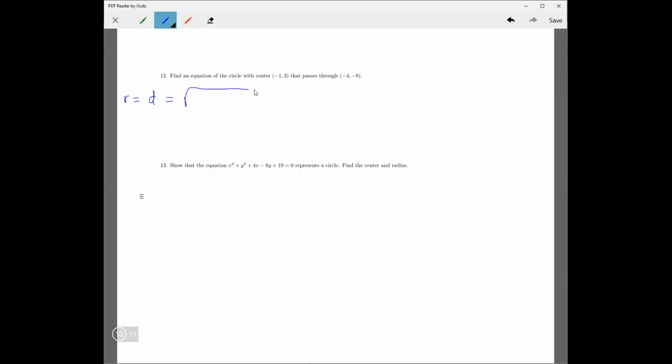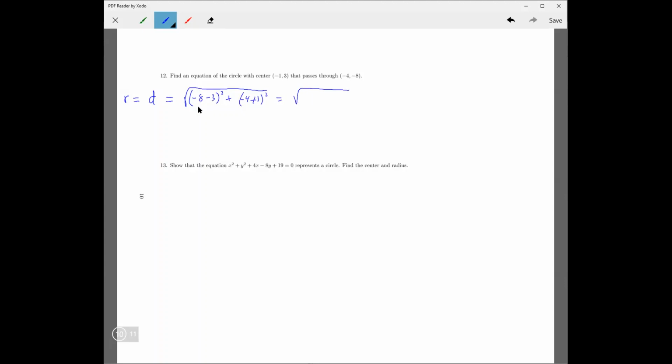So that means if we just find the distance between those 2 points, then we'll find the radius. Okay, and so the distance is going to be -8 minus 3. I'm taking the y components, and then I'm taking -4 minus the -1. That's -4 plus 1, and squaring those.